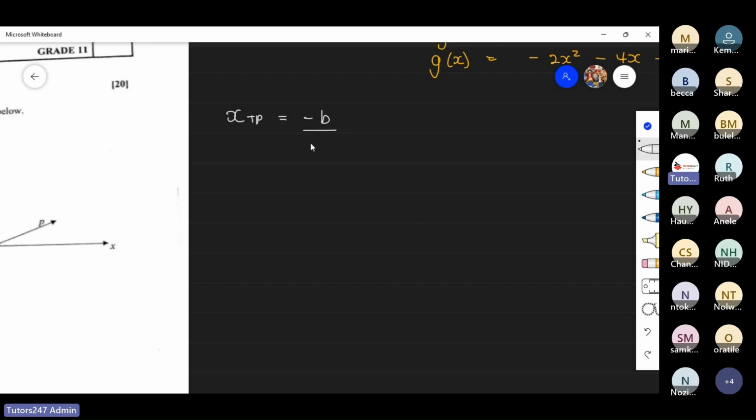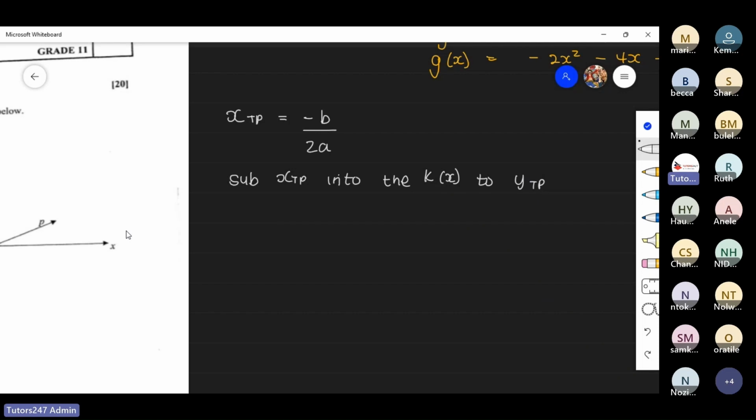Our first method for calculating turning point is to use our turning point formula. So that is -b over 2a. Once you find this value of x, you can then substitute that value of x into the function, or let's call it k of x because we're dealing with k, to get the y value of your turning point.